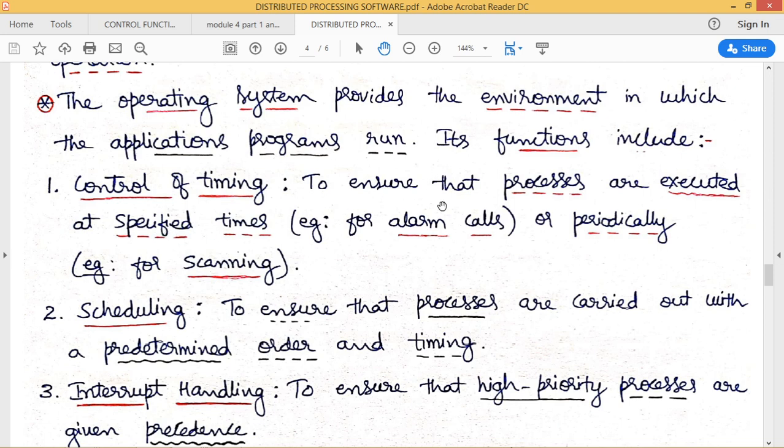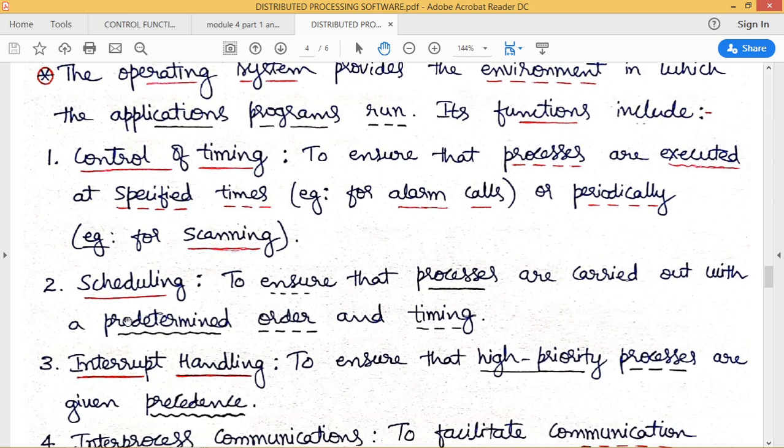We know processes are executing at particular times as and when a call is arriving. Sometimes we need to perform certain operations. An example is an alarm call, where initially we define at what time the call should be made. Similarly, sometimes we need to perform certain operations or processes periodically, as we have seen, line scanning is being done periodically, after every second or after every 0.5 seconds.